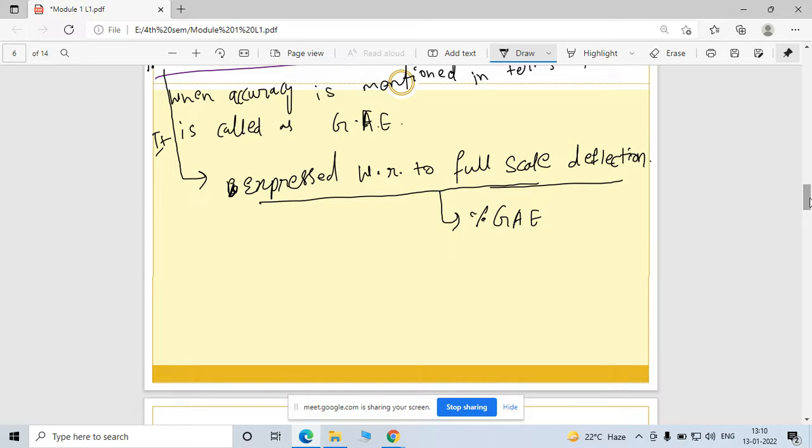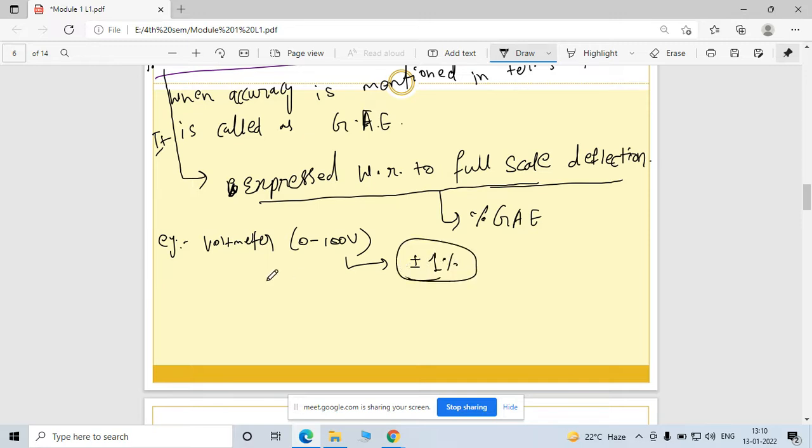For example, if the meter range is given for a voltmeter, 0 to 10 volt, or you can say 0 to 100 volt, and the mentioned guaranteed accuracy error is plus minus 1%.